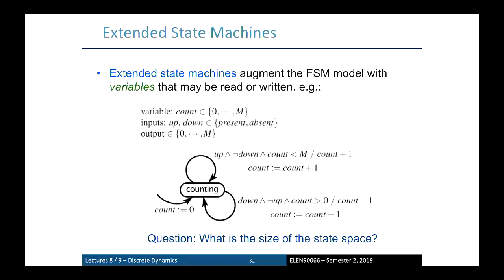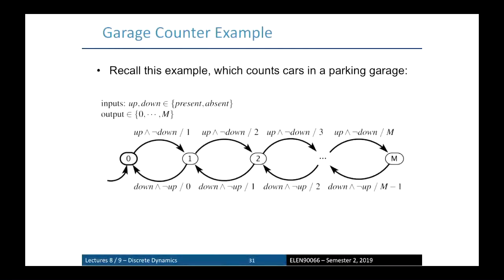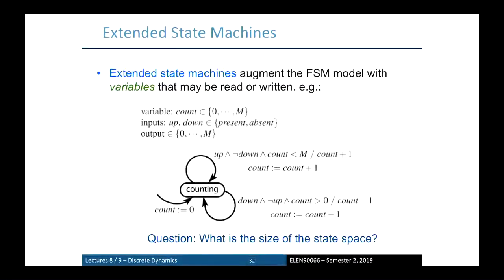Okay, what's the difference here? Well, it's getting a bit confusing now. We've lost a bit of readability here in order to get a more compact representation, but we need to do that via variables. So what on earth is happening here? Well, we have a state that has two possible self loops back to itself, but they do different things. Okay, well, they obviously have different guards on them, and they do different things.